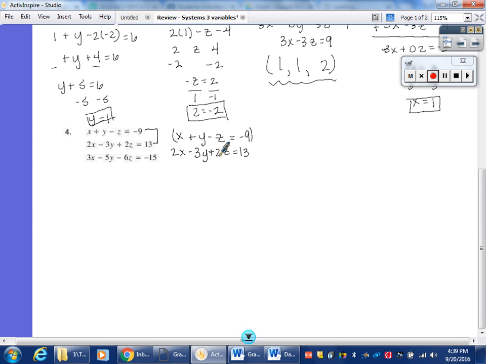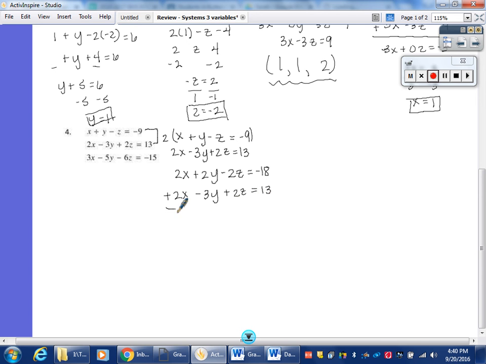I want to eliminate the z's. So I'm going to multiply the top equation by 2 so that I have a negative 2z. Rewrite the whole system. So this is 2x plus 2y minus 2z is equal to negative 18. And then 2x minus 3y plus 2z is equal to 13.